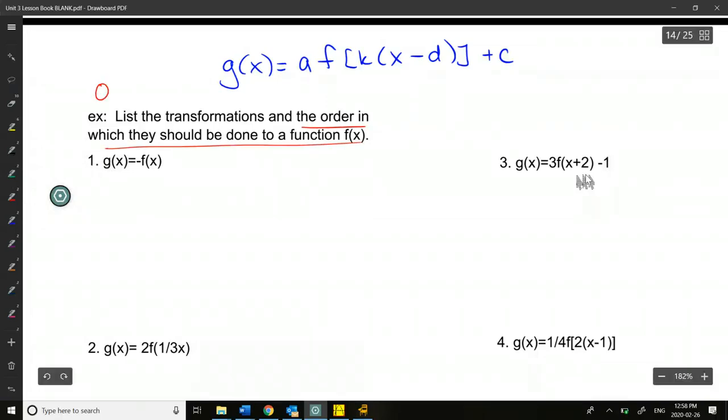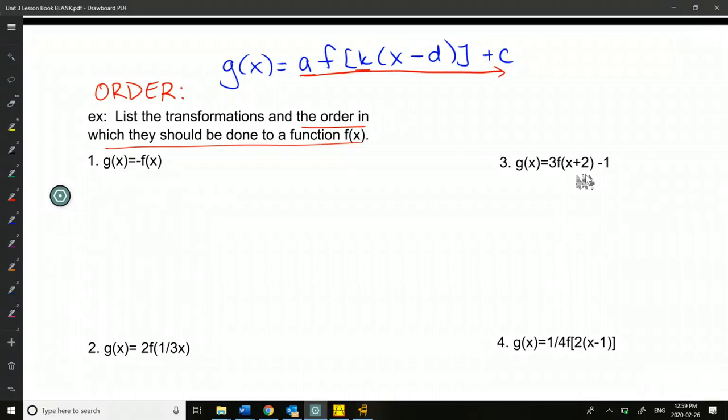So order, you need to do stretches, compressions, and flips first. In other words, you need to do A and K first, and then you need to do shifts after that. So shifts come last, so D and C, they come at the end. This is actually really easy. We're just going to do it the way we read. If you work your way with transformations from left to right, you'll do them in the proper order.